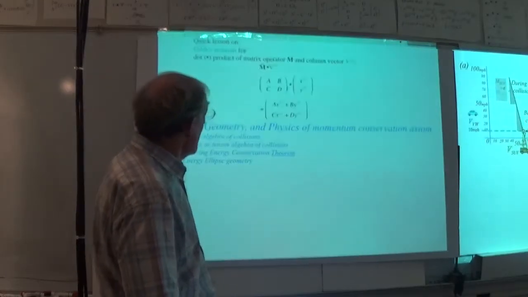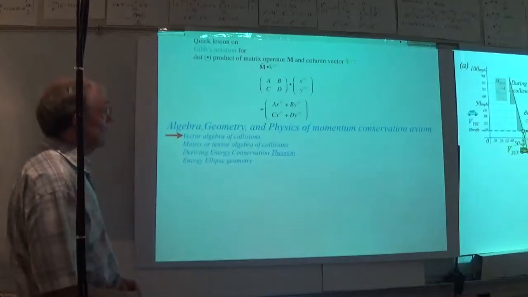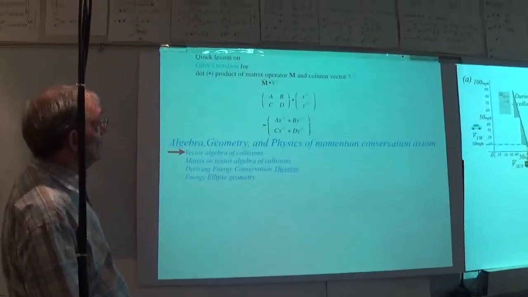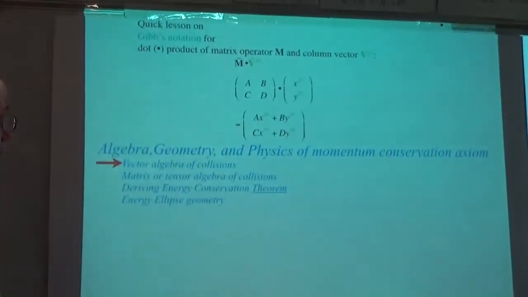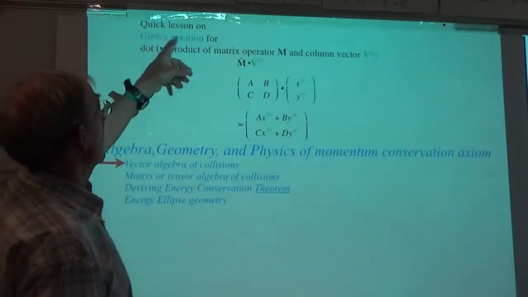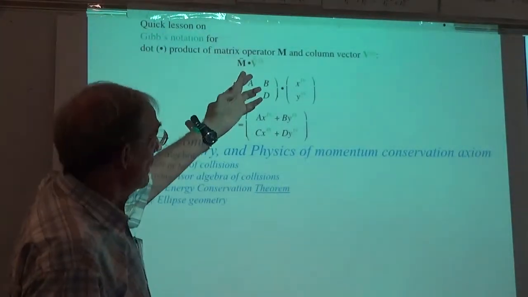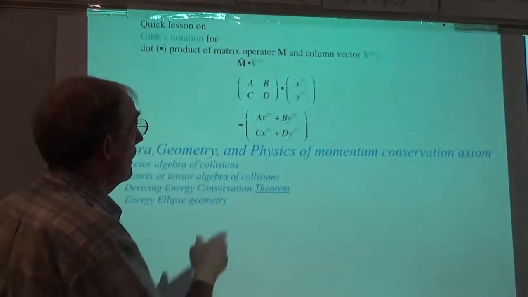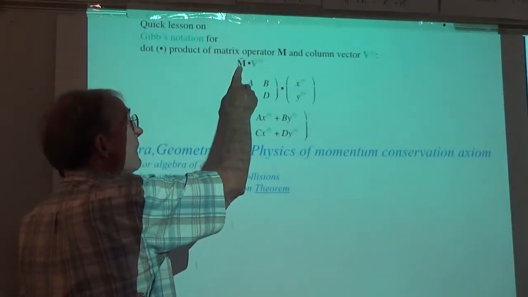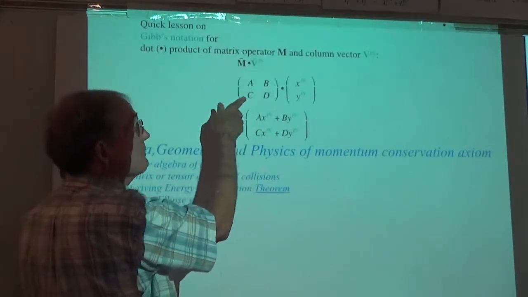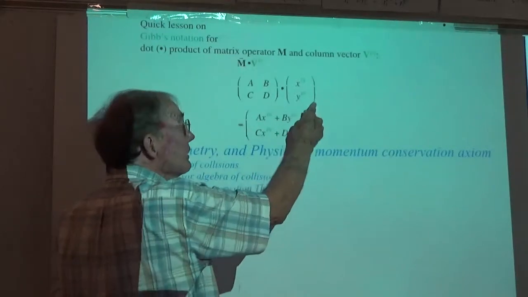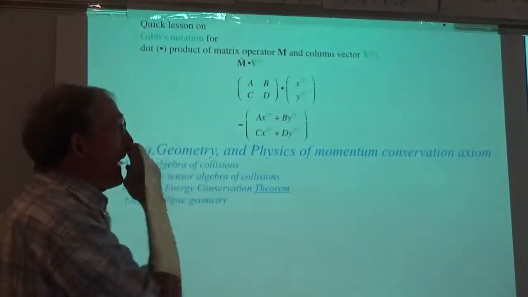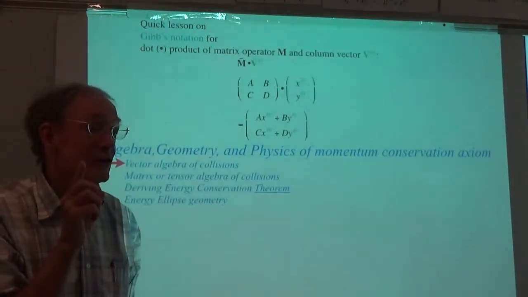Now let's do a little bit of the vector algebra that's involved in these things. First of all, Gibbs notation for a dot product. And we are talking about momentum, and it's total momentum. And remember, the dimensions that we're talking about here belong to different particles.